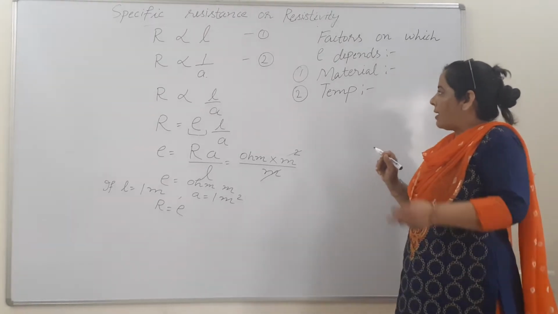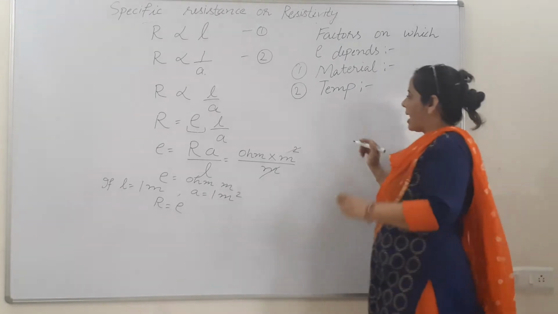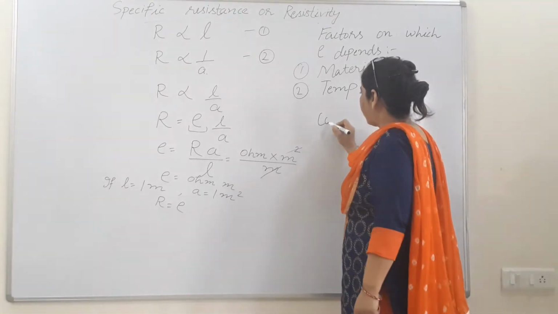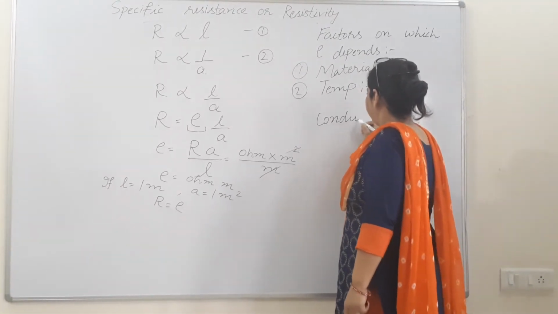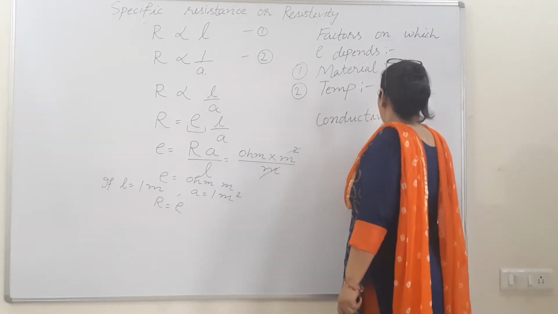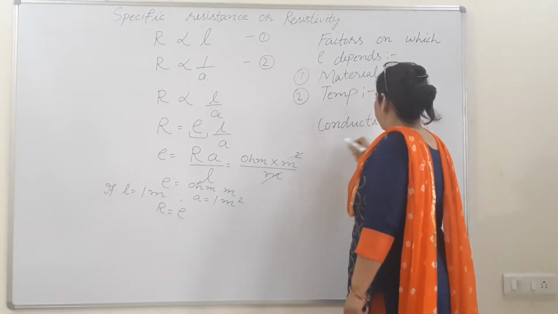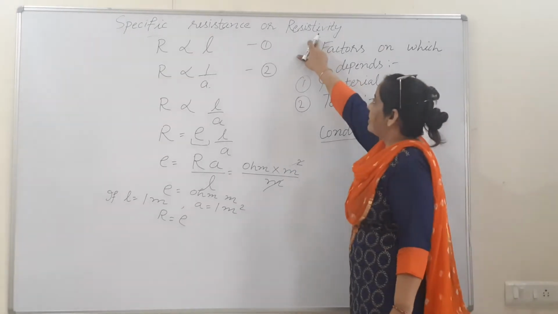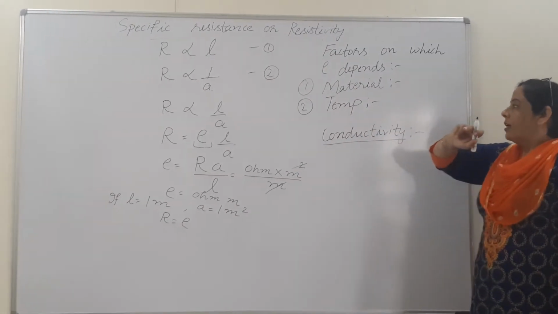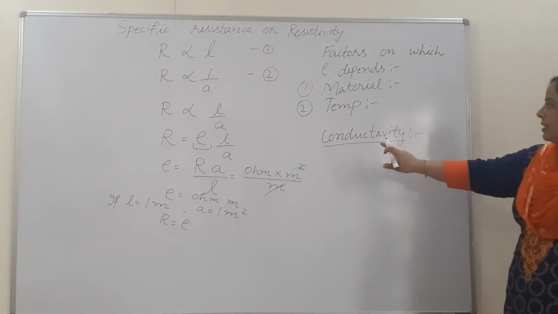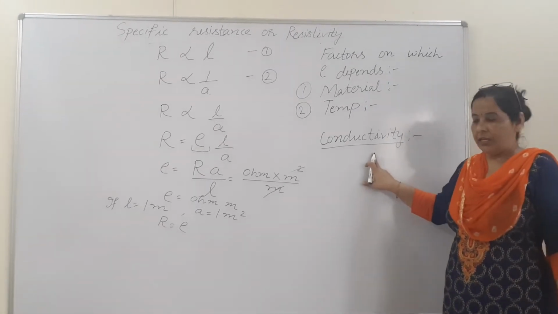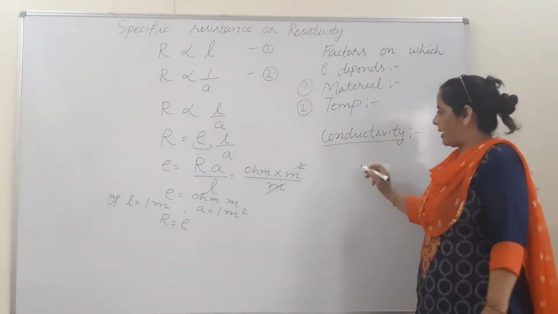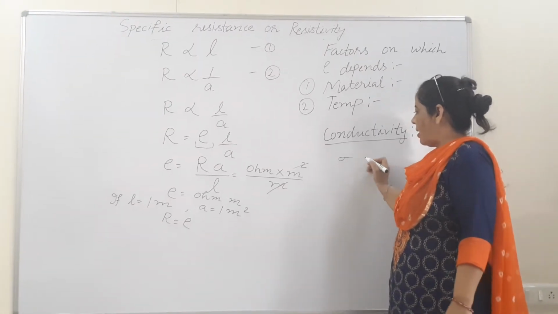Then the next topic is conductivity. What is conductivity? Now you see, conductivity and resistivity are just opposite to each other. Its symbol is sigma.